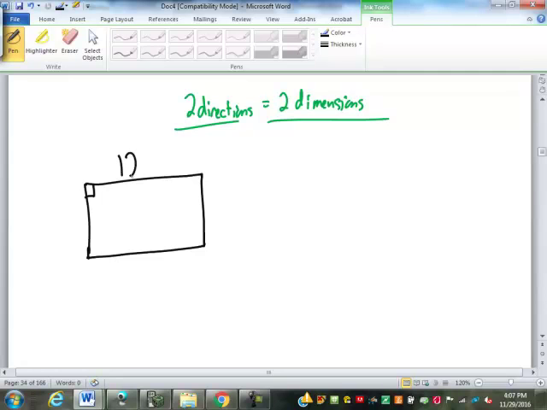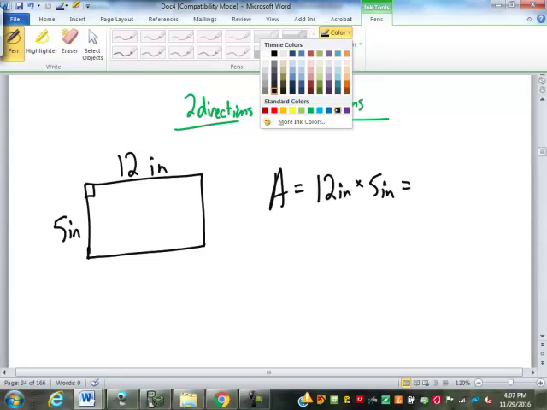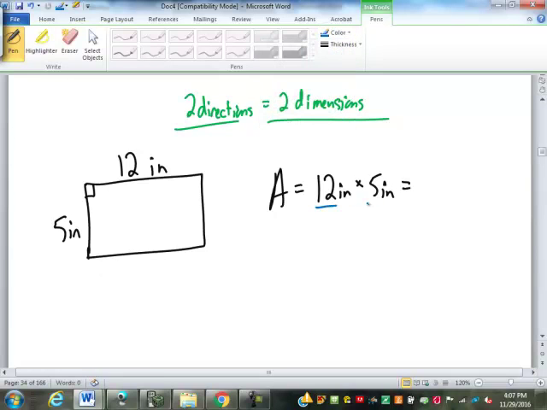If this is 12 inches, and this is 5 inches, its area is that length of 12 inches times that width of 5 inches. Now when we multiply the counts, 12 times 5 is 60, but we also multiply the names. Inches times inches is inches squared, or square inches.